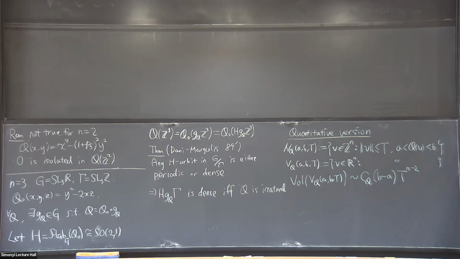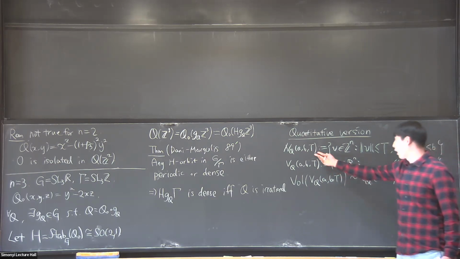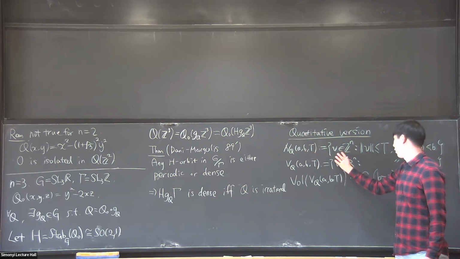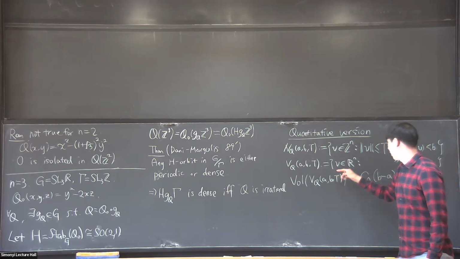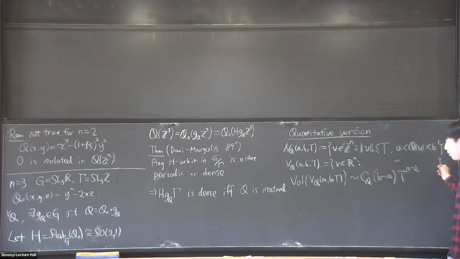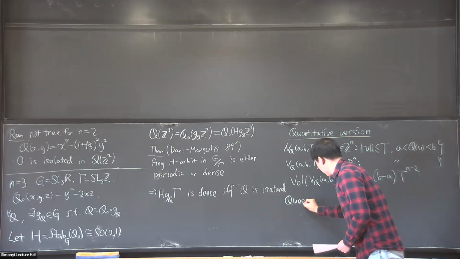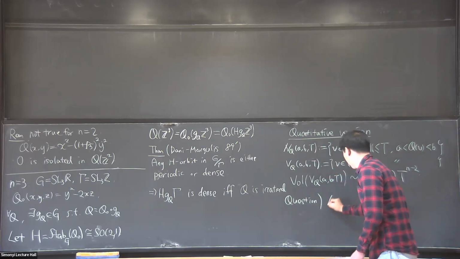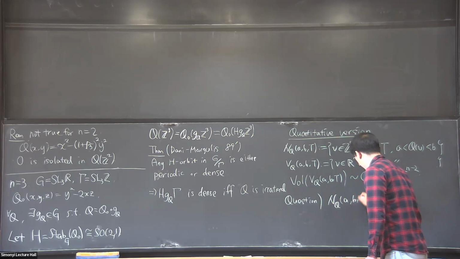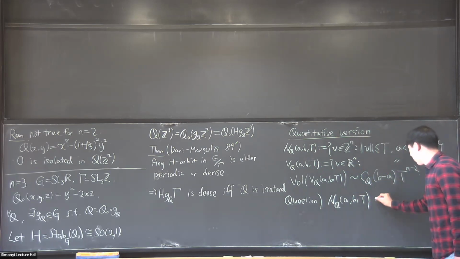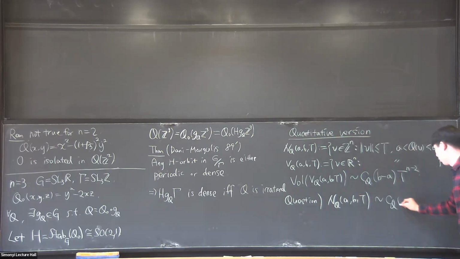So it is natural to expect that our counting function, as it counts the number of integer points contained in this region, should follow the same asymptotic: c_Q times (b minus a) times T to the n-2. And this is called the quantitative version of the Oppenheim conjecture.